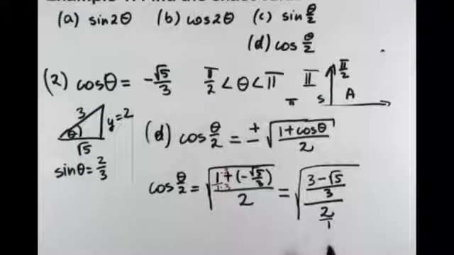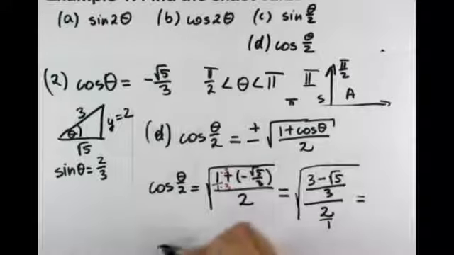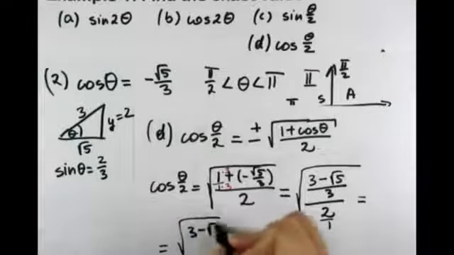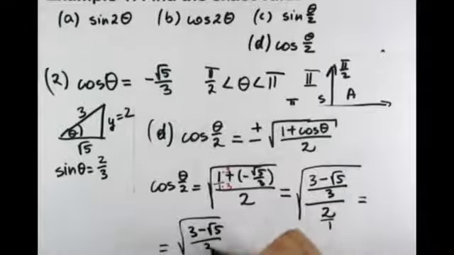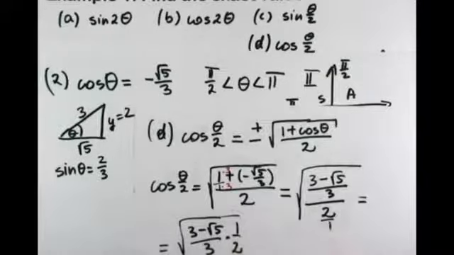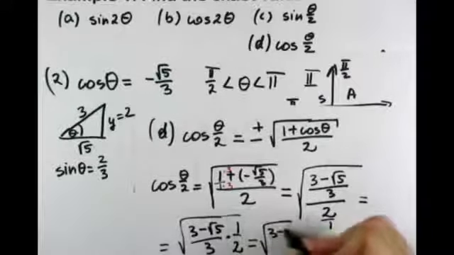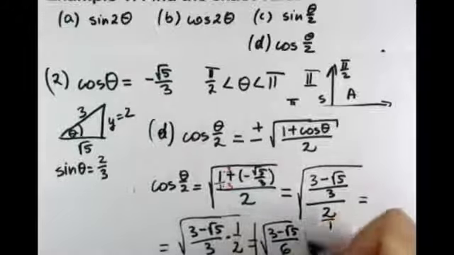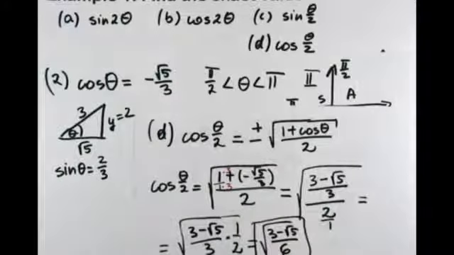To divide by a fraction means multiply by its reciprocal. So this is equal to square root of 3 minus root 5 over 3 times 1/2. So the final answer is square root of 3 minus root 5 over 6. That's cos of the half angle.